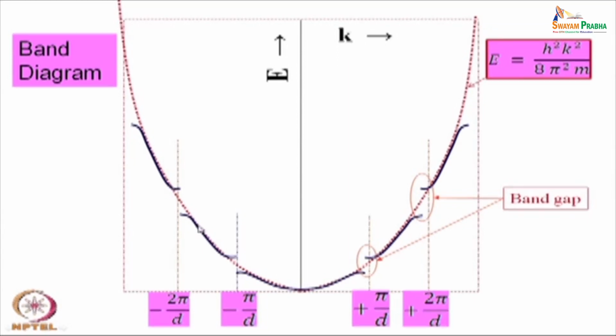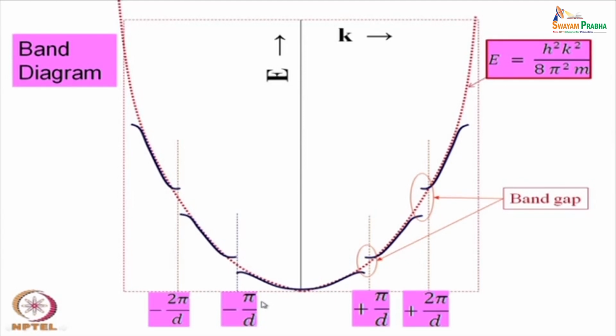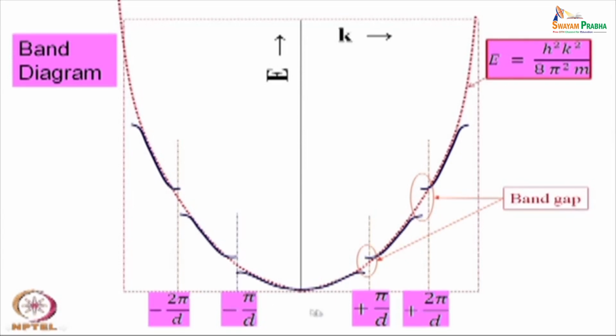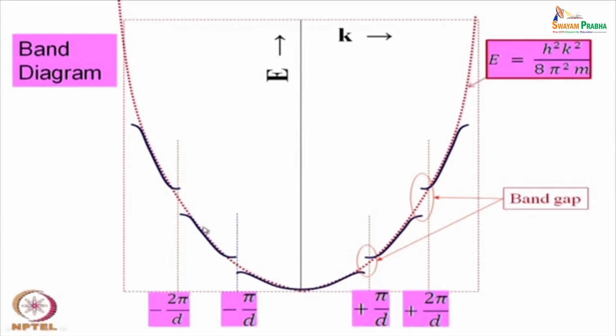In some other material one can see that this may be the valency band and above there will be the conduction band. So, it depends on the particular specific material, but we are more concerned about the gap. What is the energy gap available? That controls the property of the material to a large extent.